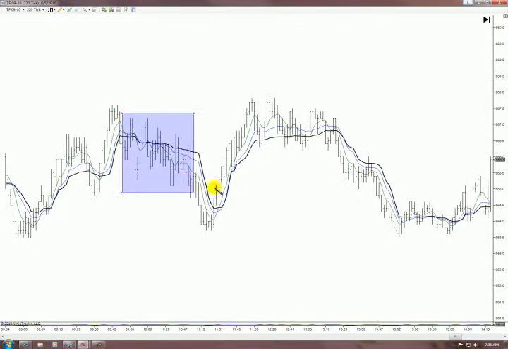So what we're going to look at are a few areas that are definitely going to be trouble areas. Here the market has moved up, made a higher low, and then a higher high, and then it fails to make a higher high here, indicating that it's no longer in an uptrend.